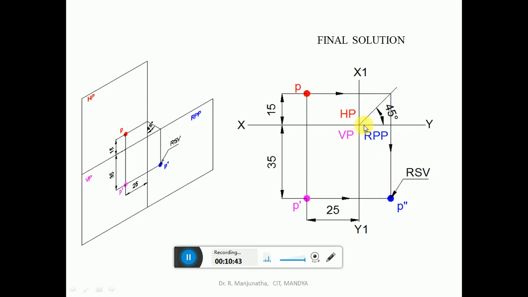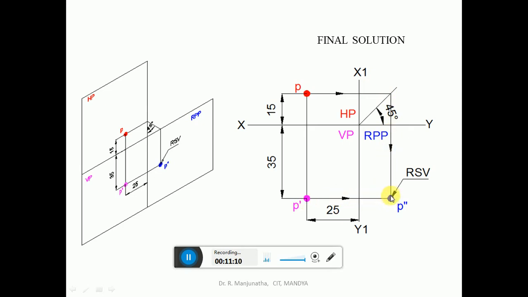Therefore, from the origin, you draw an inclined line at an angle of 45 degrees adjacent to HP, so that when the top view point is projected onto this 45 degree line, the distance behind VP, which is 15 here, will be 15 here, transferred as the horizontal distance of 15, and from this point you project it down, where you have the front view projector.